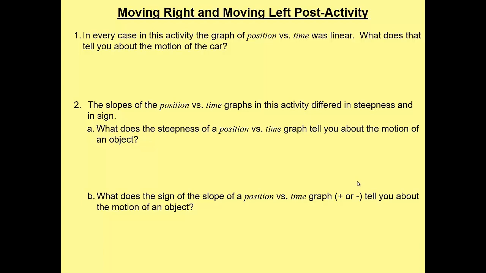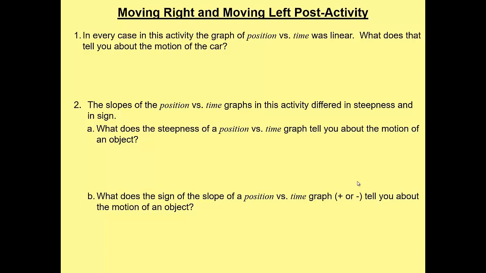So, first question. In every graph that you made, if you got rid of the schmutz on the outside before you let the car go and after you caught it, if you just watched it while it was moving, you always got nice linear graphs. And so what does that tell you about the motion of the car? Well, first off, remember that linear graphs have special kinds of slopes.